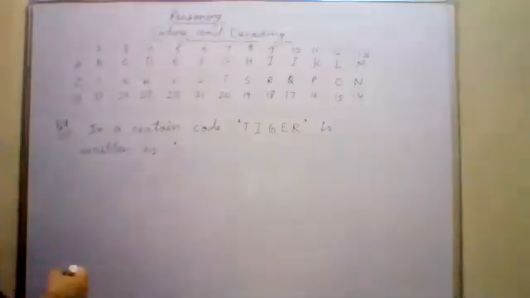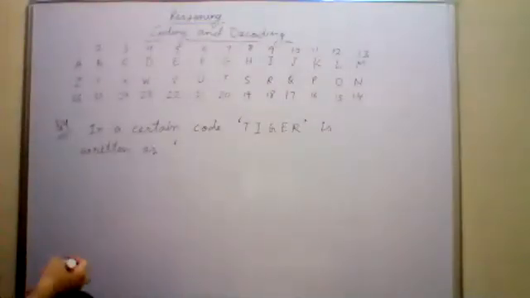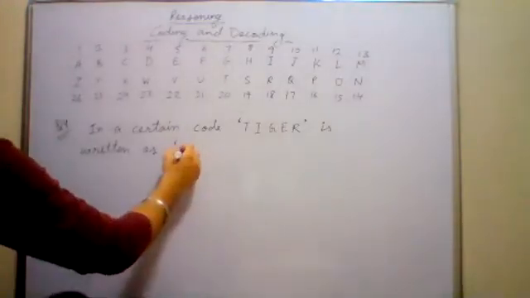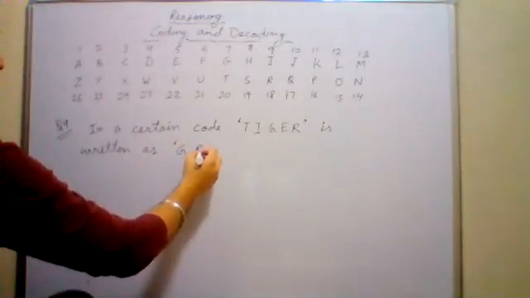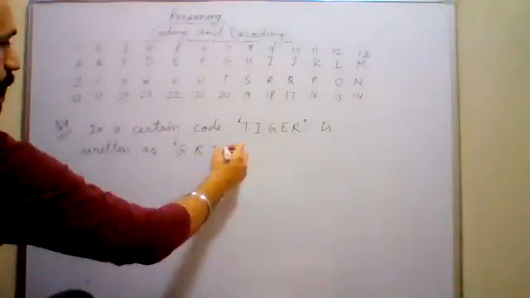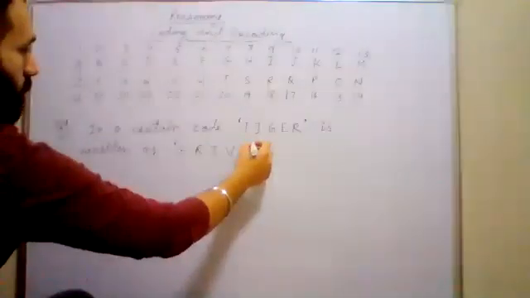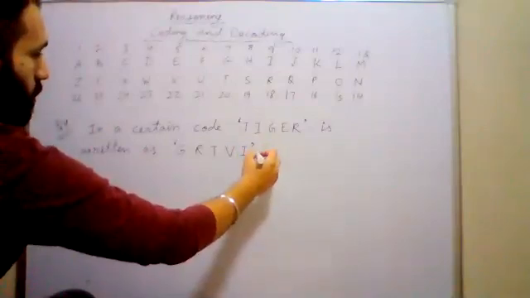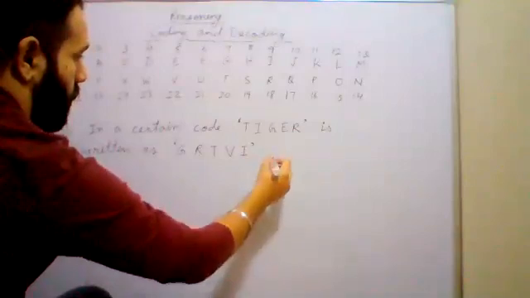In a certain code, tiger is written as G R T V I. GRTVI.